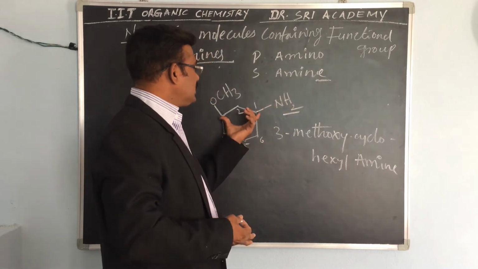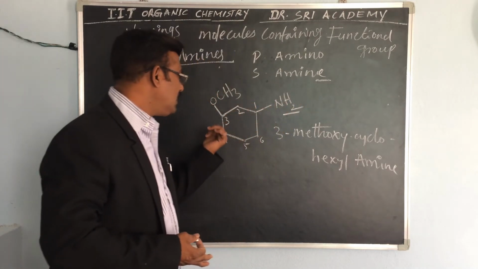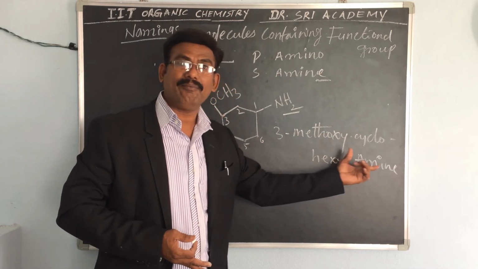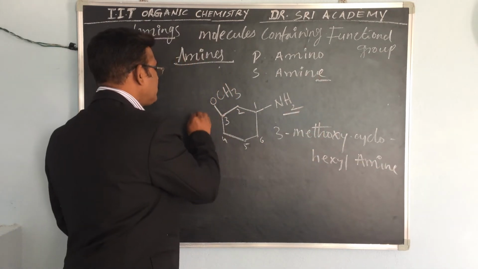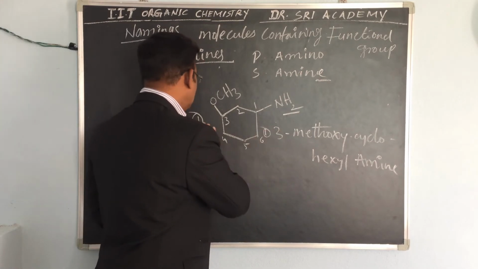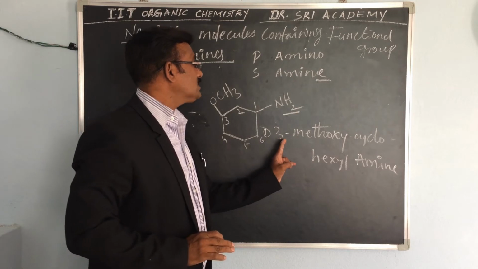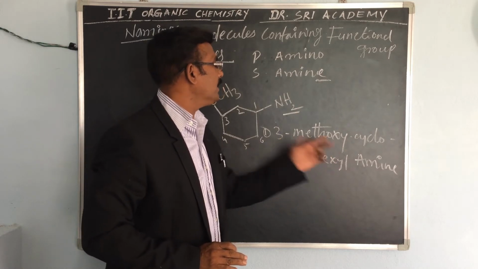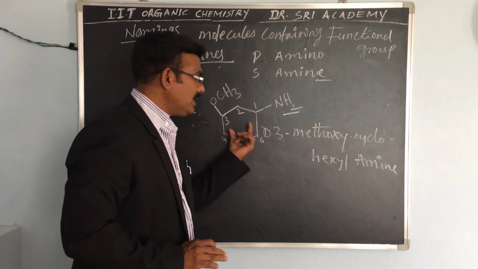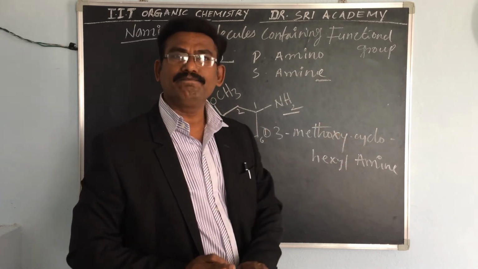So like that, this is the hexyl group. Which hexyl? 3-methoxycyclohexylamine. This is one name. So the first name is 3-methoxy, 3 position containing the methoxy group, hexyl group, cyclohexyl, that is amine.